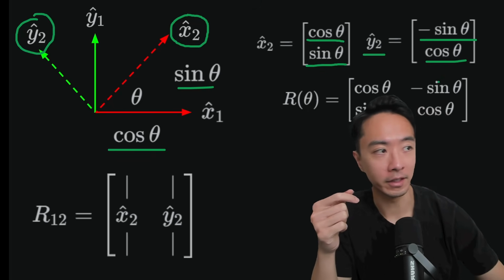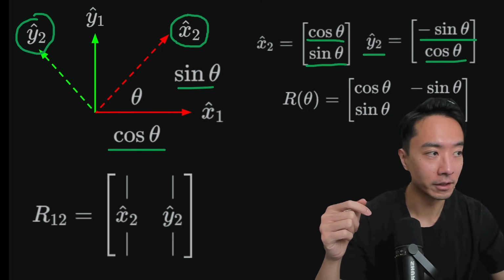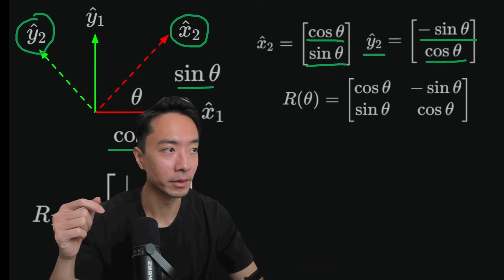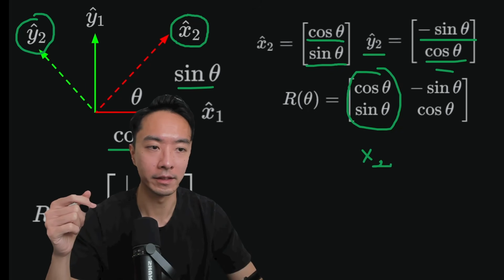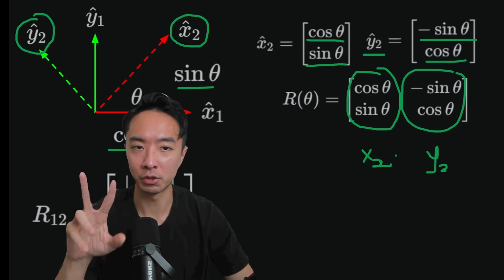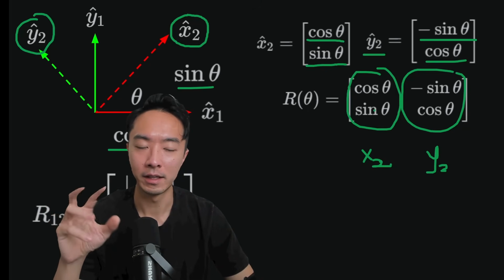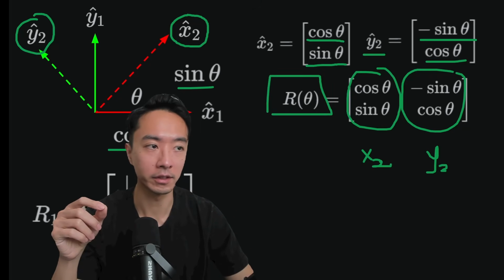So when we put it all together, you can see right here, if I move my head, basically I'll slide over so you can see here, but basically this is the x2, and then this right here is going to be my y2. Okay, so these are my two axes represented in a matrix form, and this is what we call the rotation matrix.